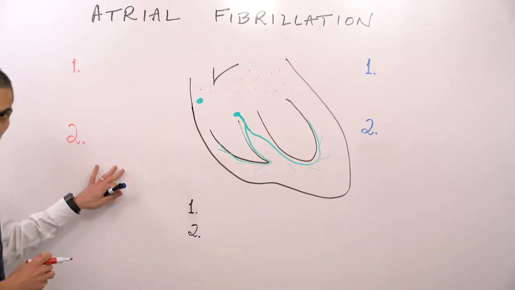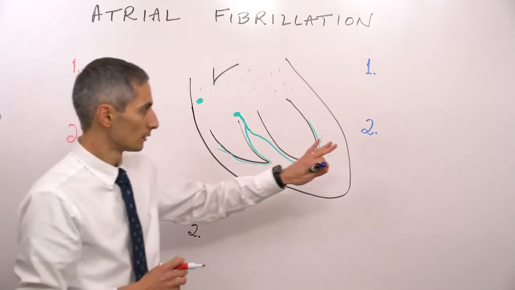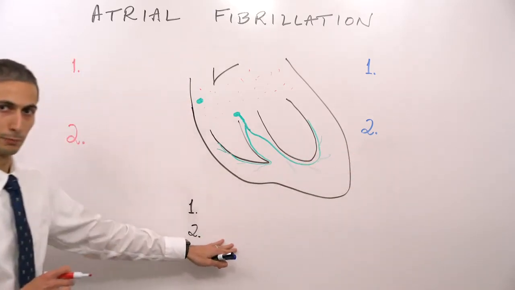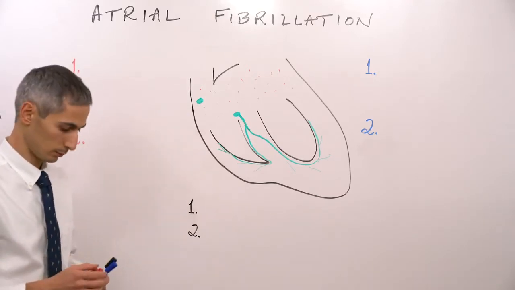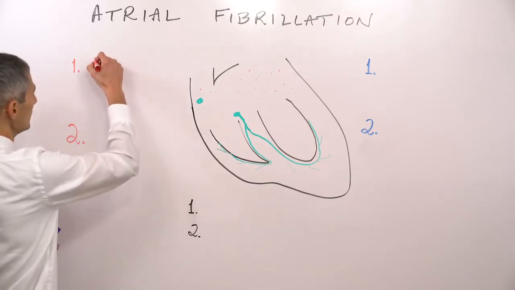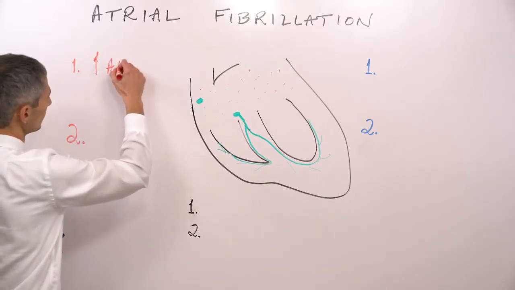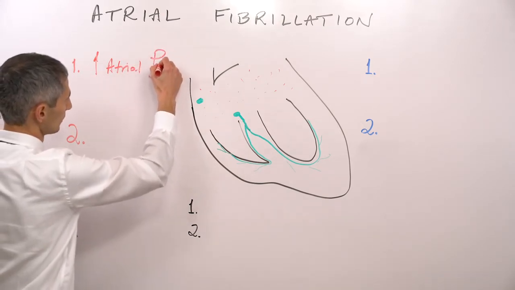So I'm going to talk about the causes of atrial fibrillation pathophysiologically, some treatments to focus on, and a couple of pearls. The way I want you to think of the triggers of atrial fibrillation is in two broad categories. One is increased atrial pressure or stretch.